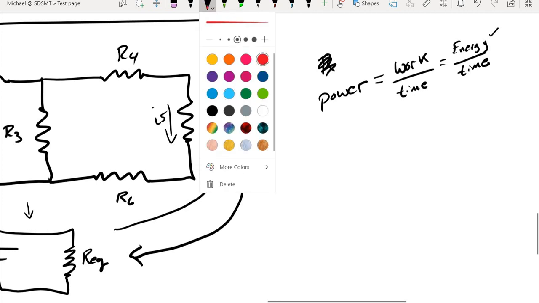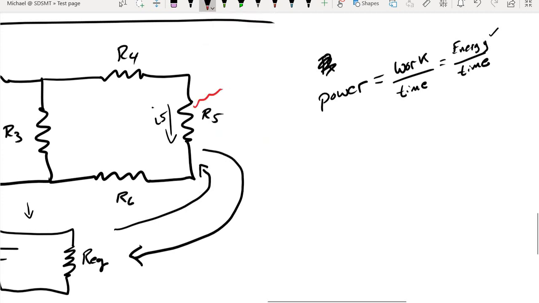Because one of the things that we said happens with a resistor is that they'll heat up and they'll give off some thermal energy. And so giving off of that energy in a certain amount of time, well, that's power.